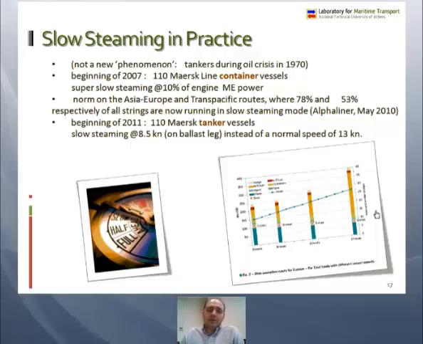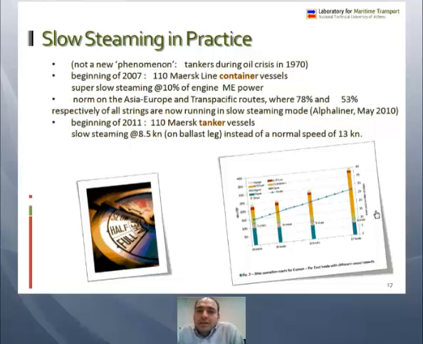That's what Maersk did. They talked directly to the manufacturer. They had what I could call a super engine, an engine that can run at that low load, and they saved a lot of money. And they did it because the market was down. They also did it because fuel prices were crazy at that time.